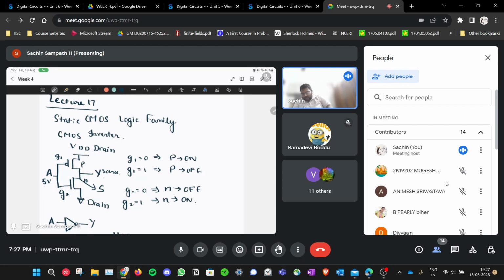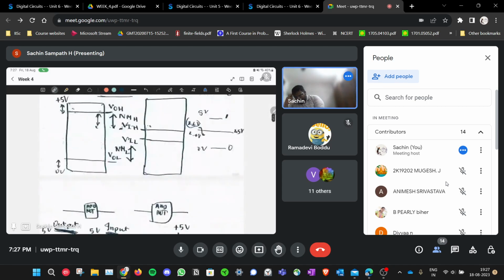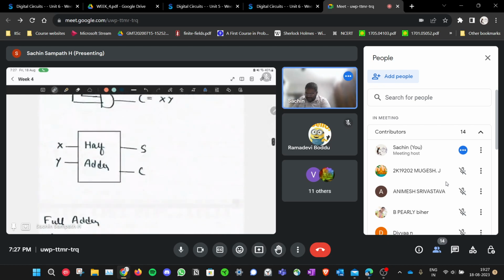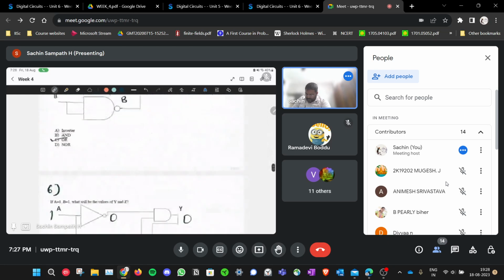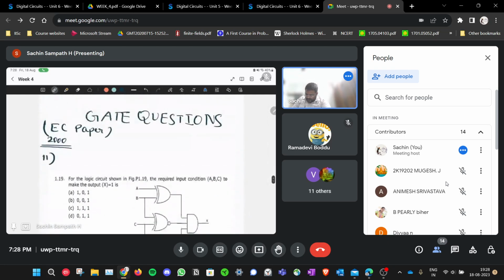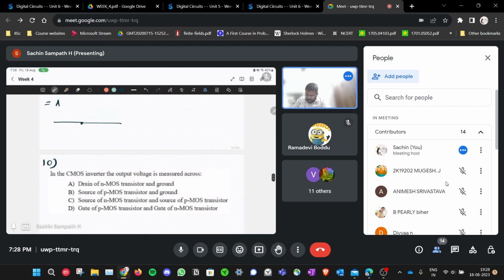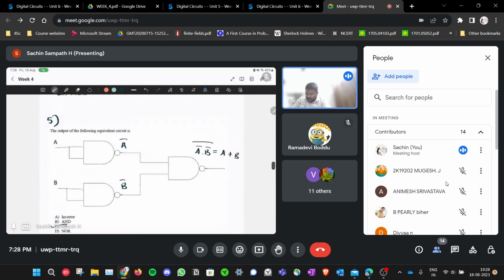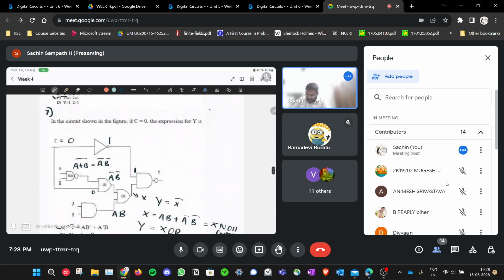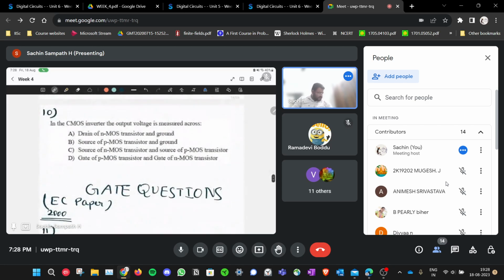But the voltage you are measuring is between your ground level and this point, which is connected to the source of NMOS. Or did I get myself confused? Okay, it seems I have confused myself. 10th one. Yeah, A is the right answer.